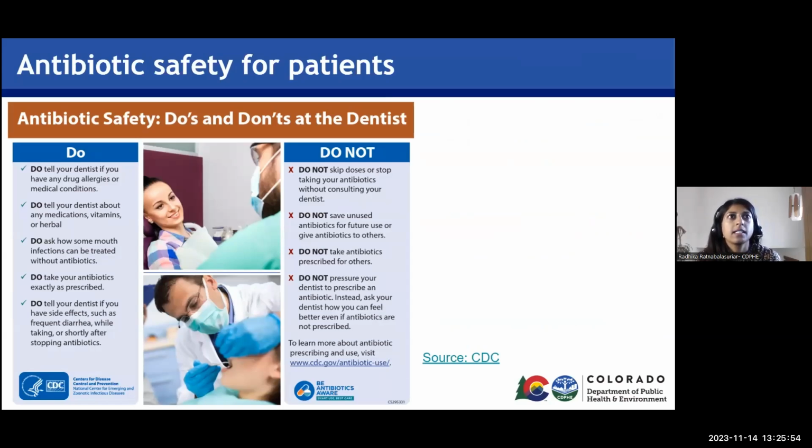Antibiotic safety is for providers, but also for patients. And so we want patients to understand if they have any drug allergies or medical conditions so that we can make the best decision on the type of treatment needed. We also want to know about medications, vitamins, herbal supplements, so that we know if there's going to be any interaction with the medications we're giving.